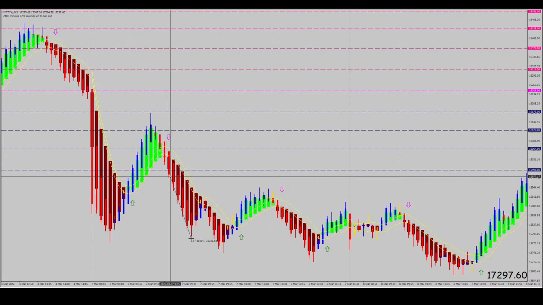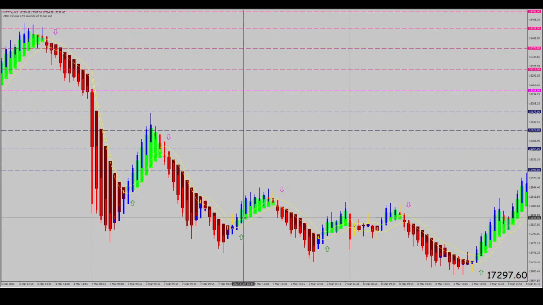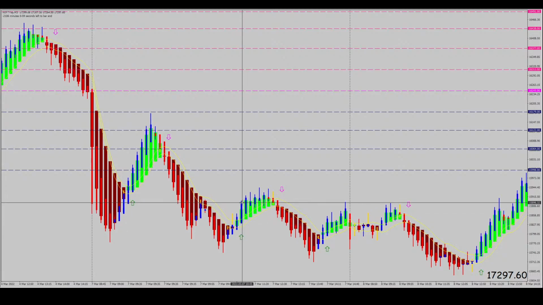Approximately a move of 195 to 200 points, and that was followed by a pullback, and then another rejection that followed another 150 to 160 points down. Subsequent to that there is again a long trade in this case, and this long trade probably did not deliver much, just about 45 to 50 points in its direction, but then that followed another short trade.